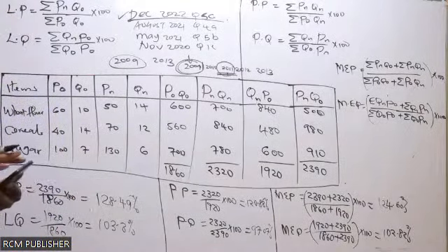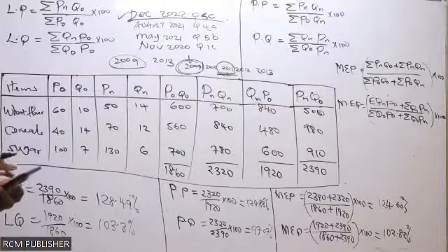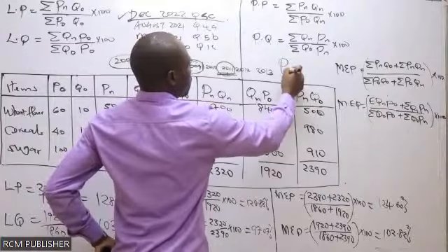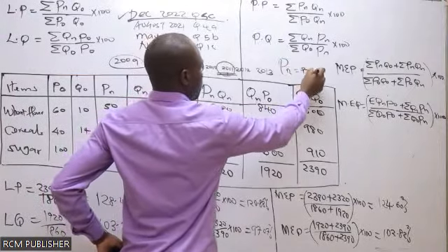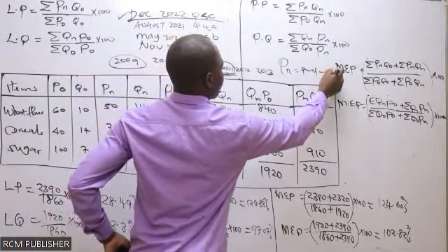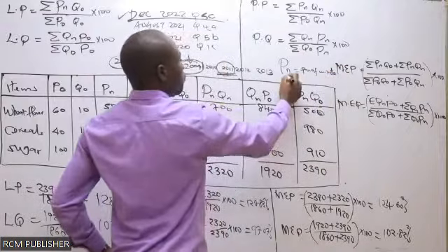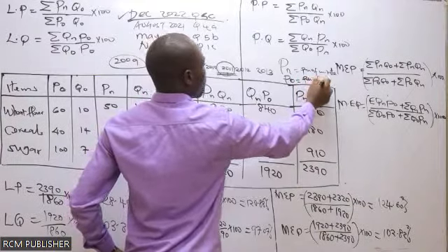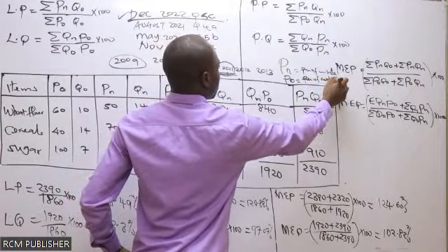What does base year mean? Base year means it is the comparison factor. Remember when we were saying PN represents the price of the period of interest, and then PO represents the period of reference, which we call the base year.